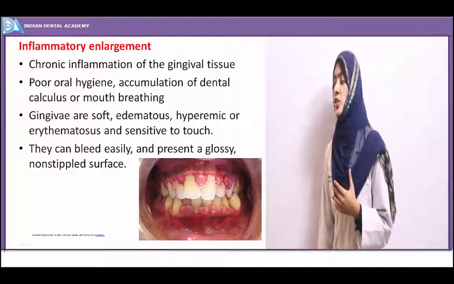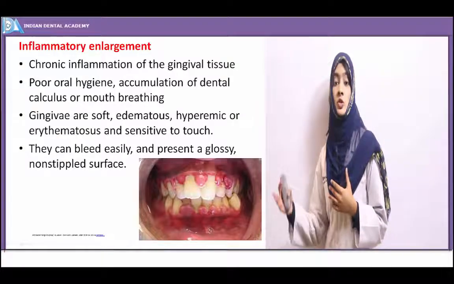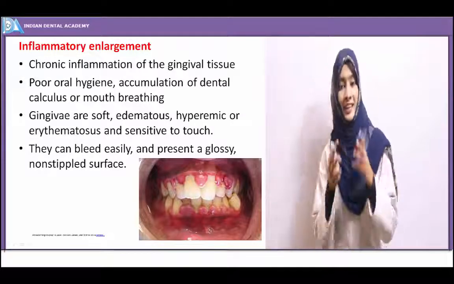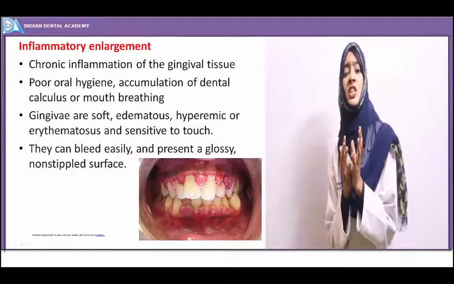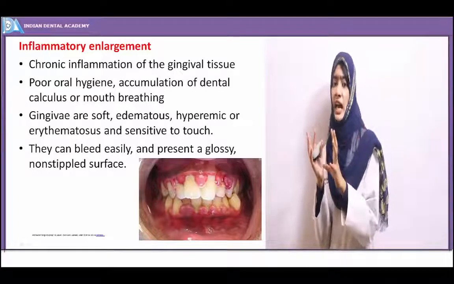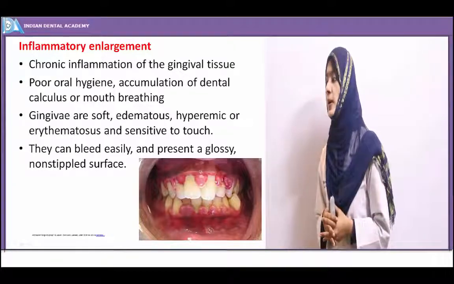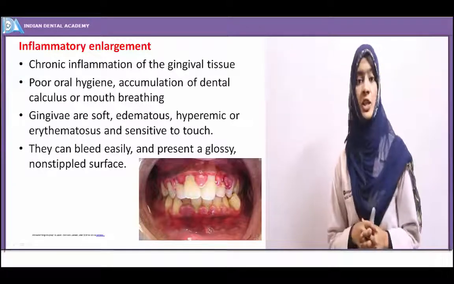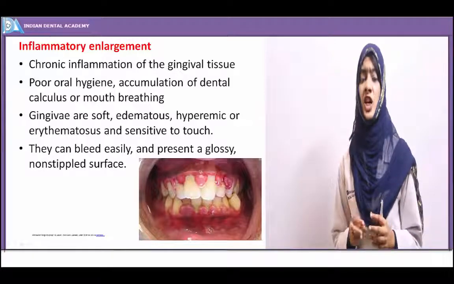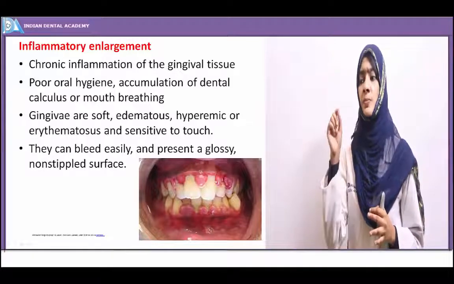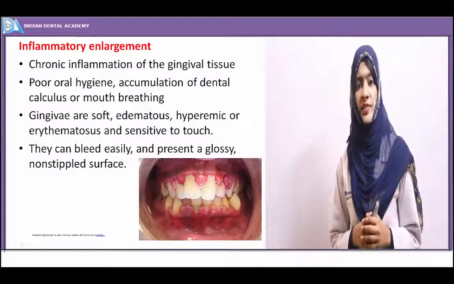So the clinical appearance of inflammatory gingival enlargement, as you can see in the clinical picture: the interdental papillae become bulbous in nature, enlarged, soft, shiny, smooth, reddish or deep reddish in color, and hyperemic. They are extremely sensitive to touch, very painful, and they bleed when you touch the gingival surfaces.